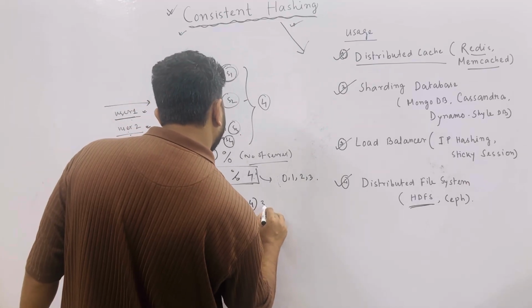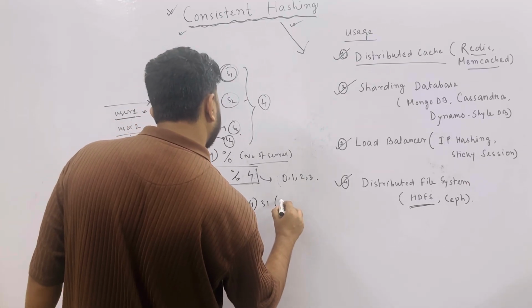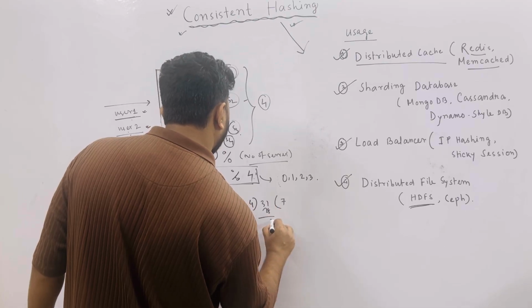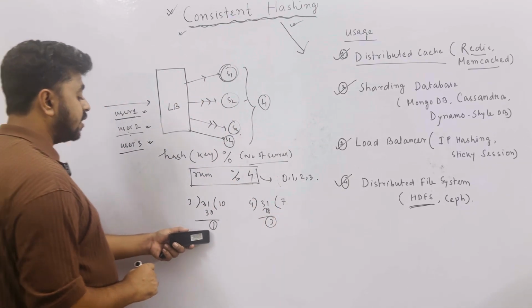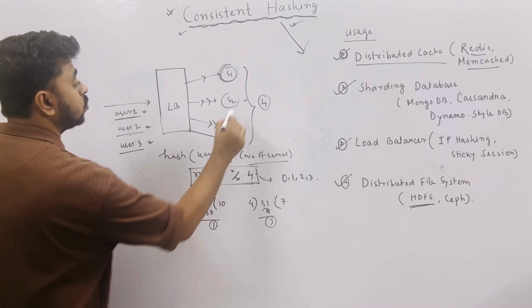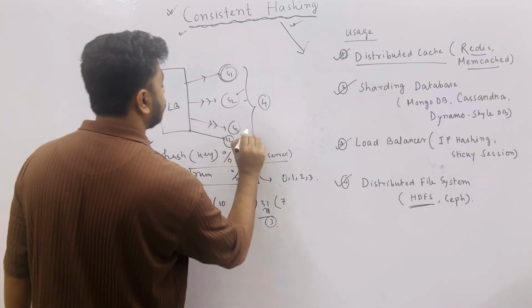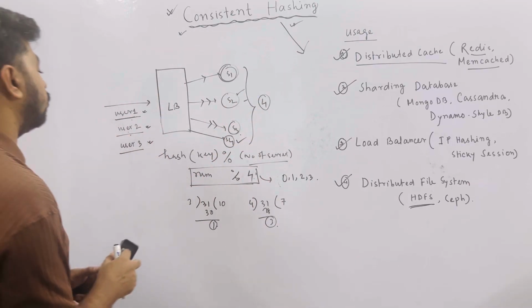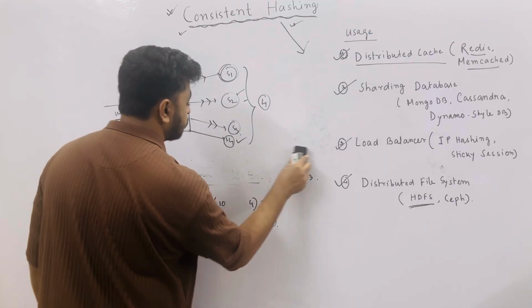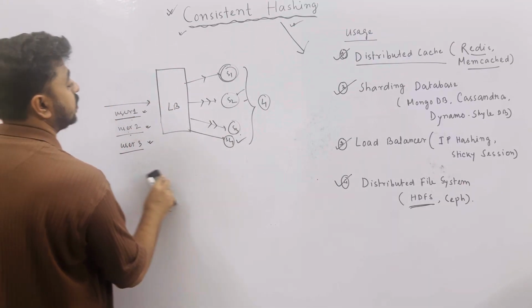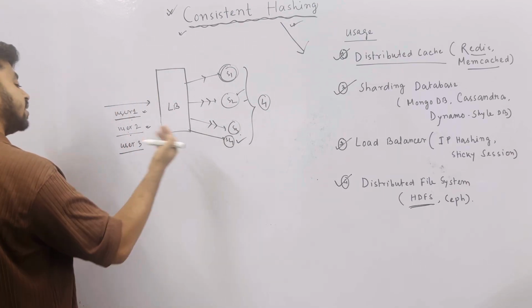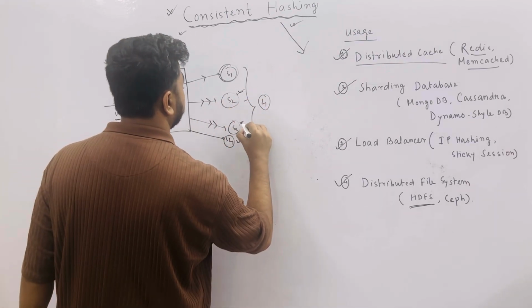Now with 4, what will happen? The user request which was earlier going to S2 now goes to S4. That's how the requests for all the users of our application are going to change to a different server.